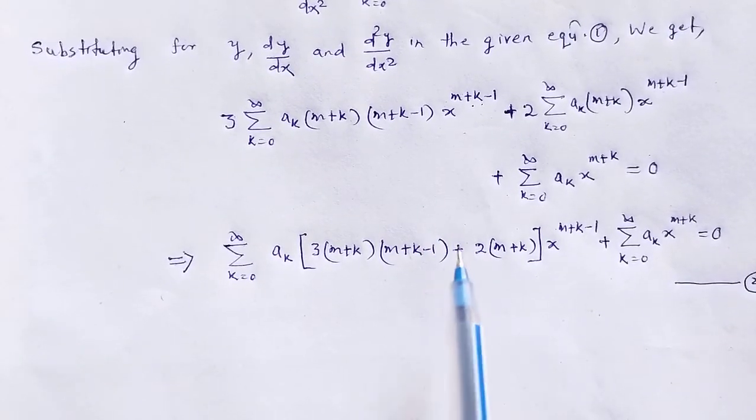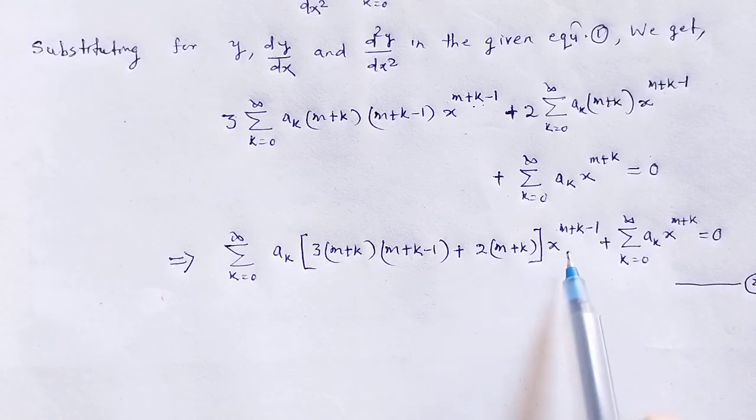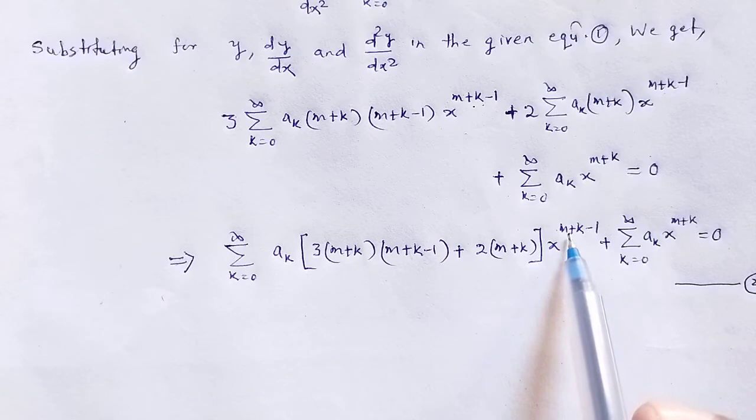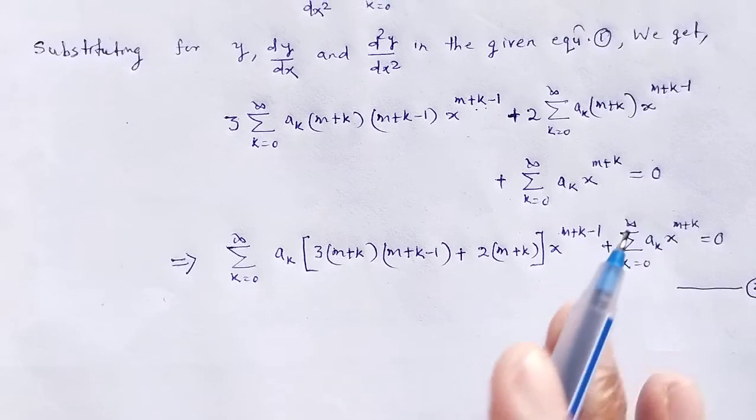Now we equate the lowest degree term of x to the power m minus 1. We put k is equal to 0 here.